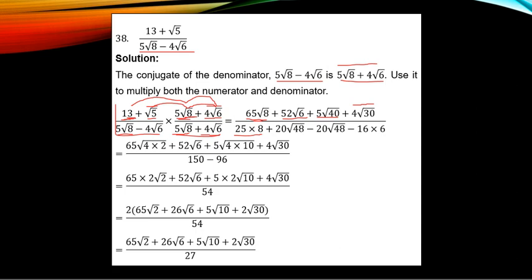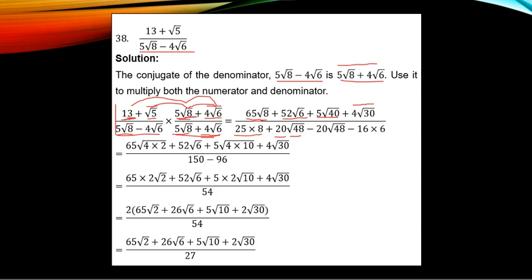Okay, so let's continue with the multiplication. I should do the first term. First term times second term here. 5 times 4 is 20. Root 8 times root 6, that is root 48. So you are done with the first term against the two terms in the second part.